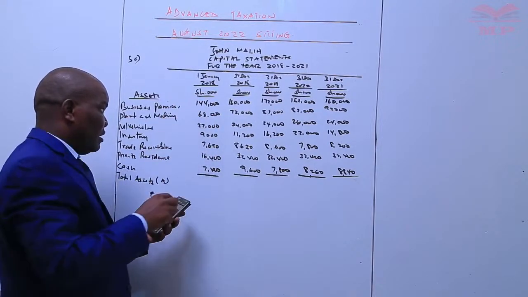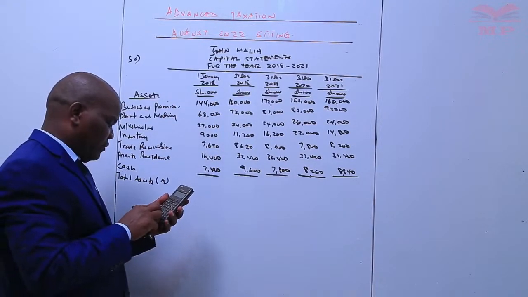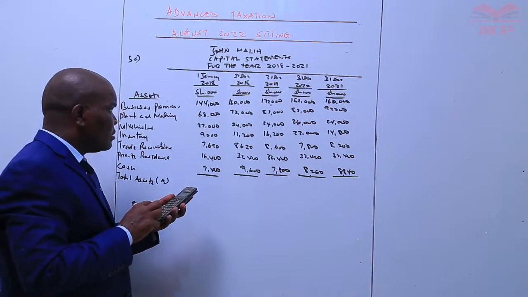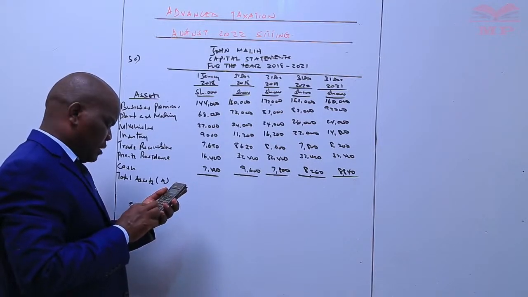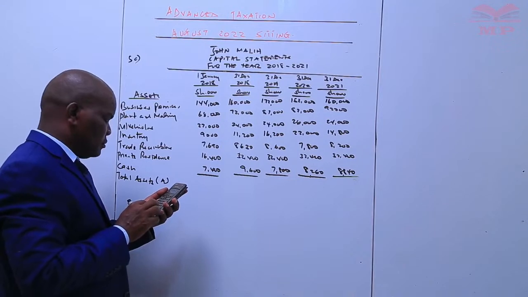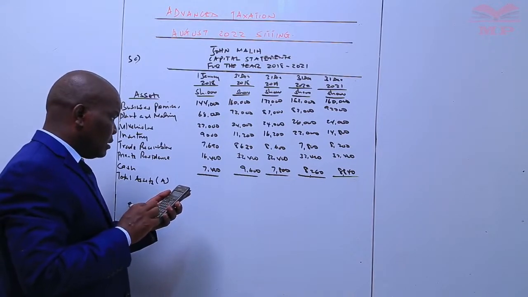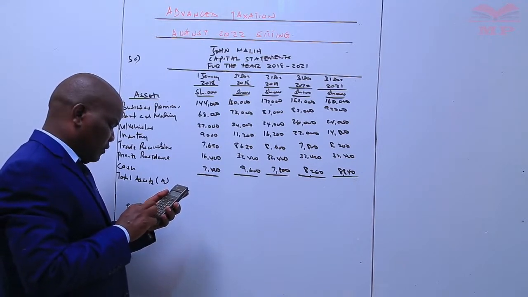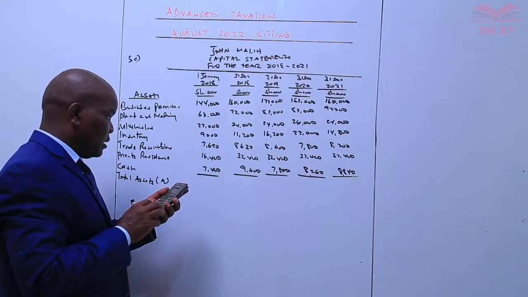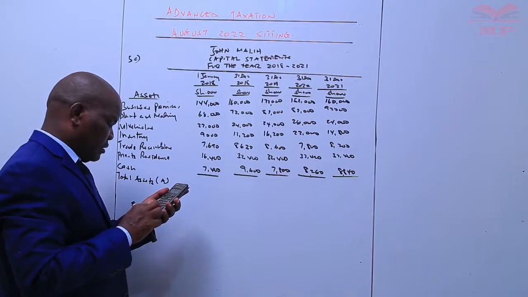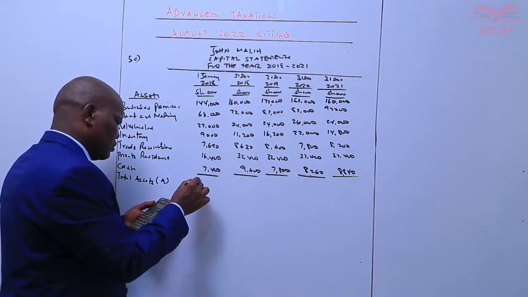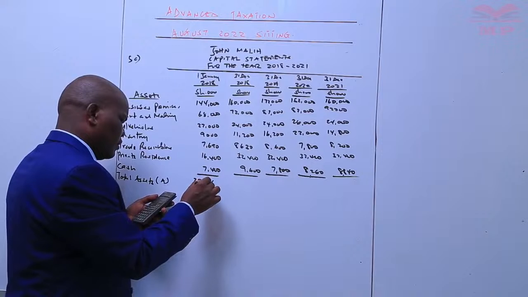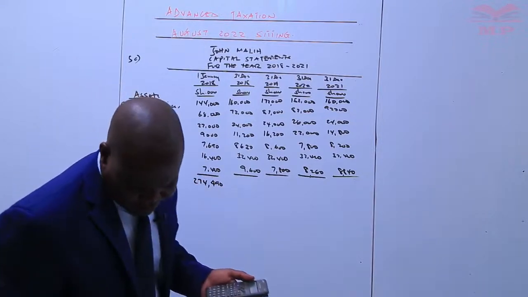Here, 2018 January, we have 144 plus 68,000, 22,000, 9,000, 7690, 16,400, and 7,400. I'm getting 274,490. You can do it with me so that you confirm.